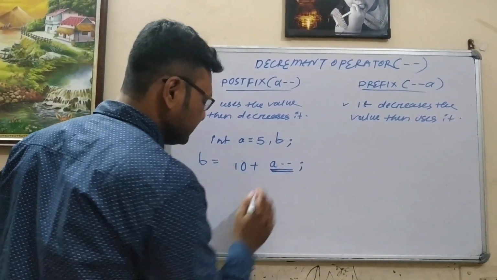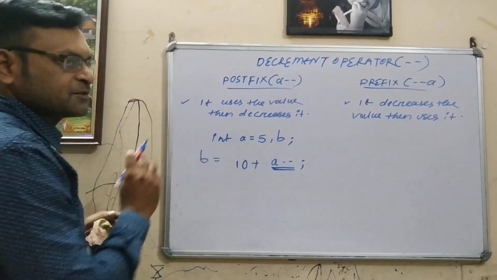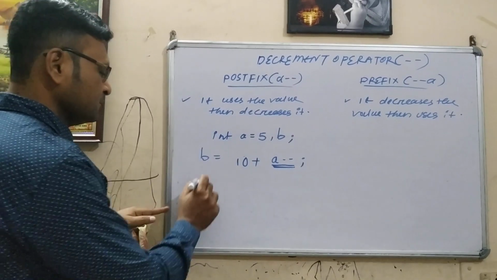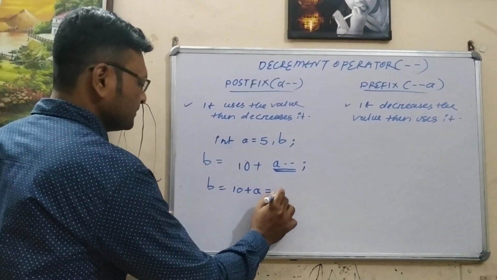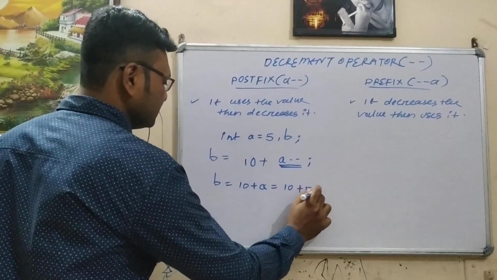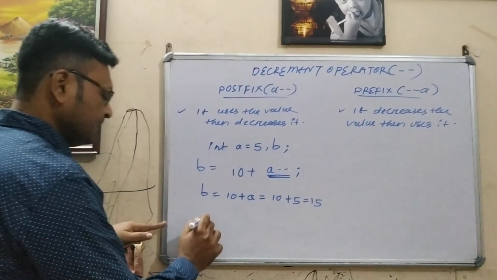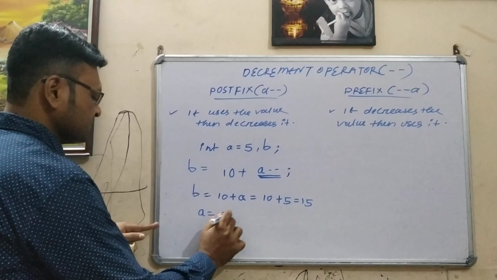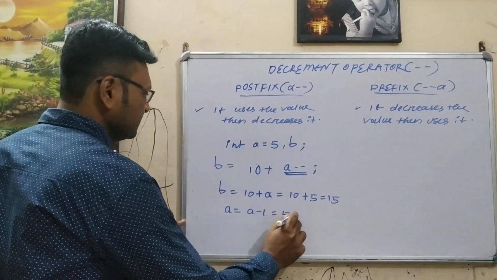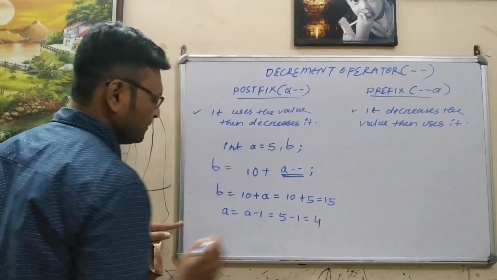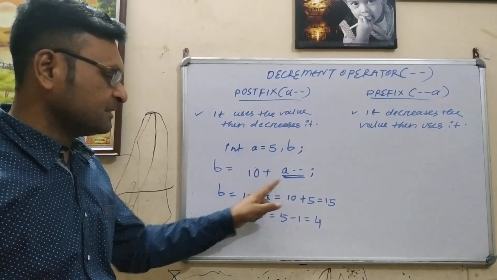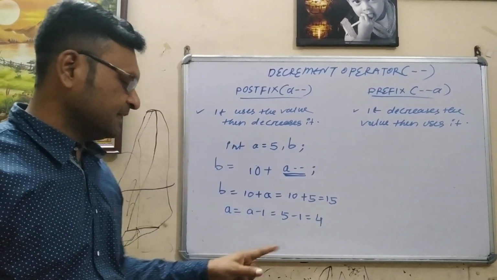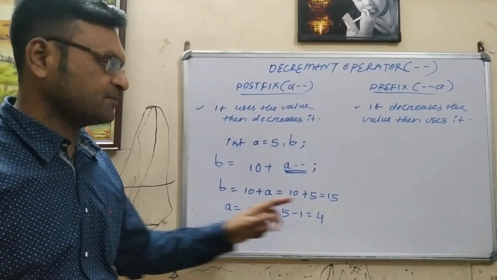This is postfix, so the value of a will be used first. b = 10 + a, so 10 plus 5, that is 15. Then the a value will be decreased by 1, so it is 5 minus 1, 4. The value of a is 5, immediately it is used, 15. Then the a value is decreased to 4.